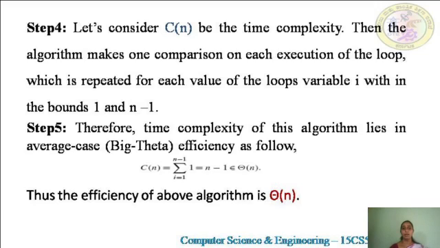Therefore, we can consider it as an average case, and it can be denoted using theta notation. Thus, the efficiency of the above algorithm is theta of n. Yes, it is theta of n.